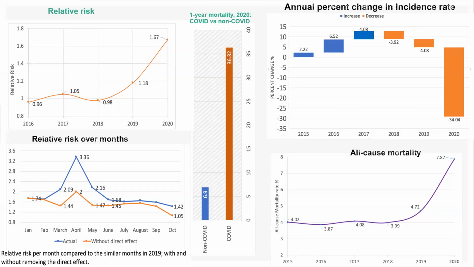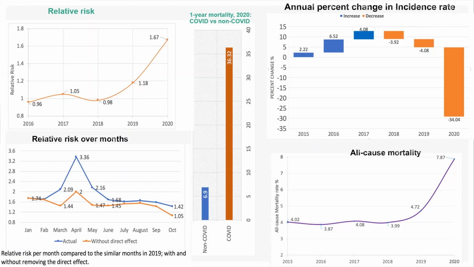There's also changes in relative risk over the period of the last 12 months, with a spike you can see there in the first wave in March, April. And when I'm looking at the bottom left here, the blue line, if you take away the COVID deaths, there was a non-COVID death spike for people with CKD, but that we saw with people with cardiovascular disease as well in March, April, which has tailed off for the rest of the pandemic.